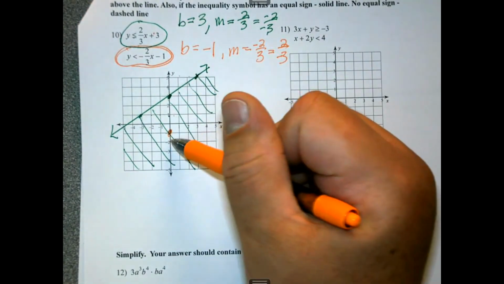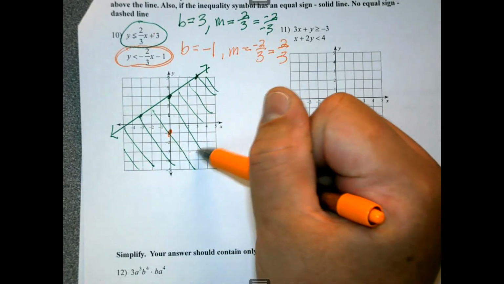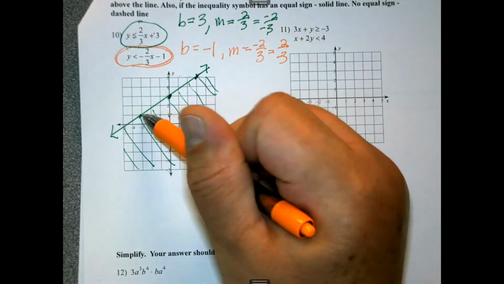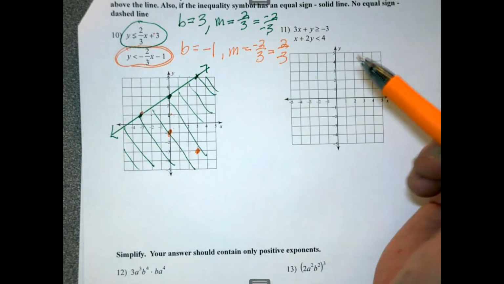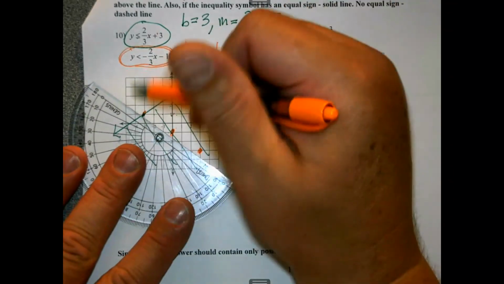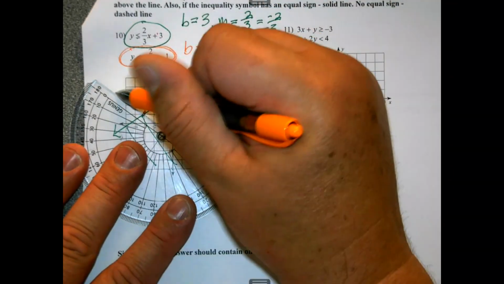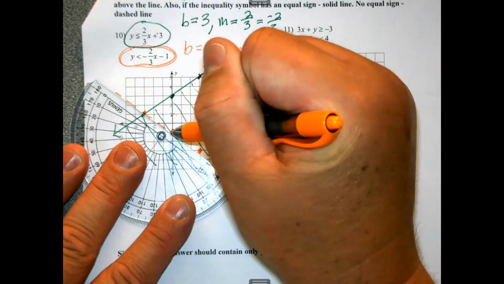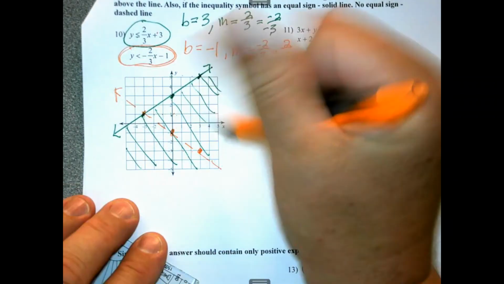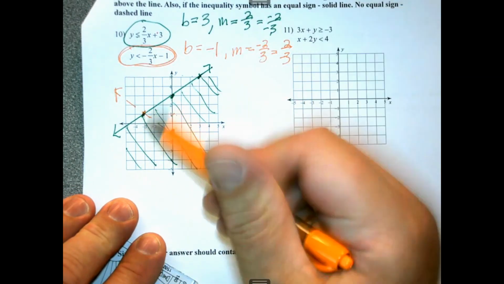If I go down 2 to the right 3, there's a point. Or I can go up 2 to the left 3. Solid or dashed line? Dashed, there's no equal sign. Shade above or below? Below, because it's a less than.